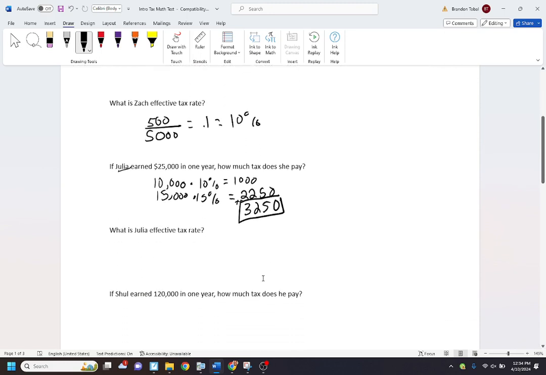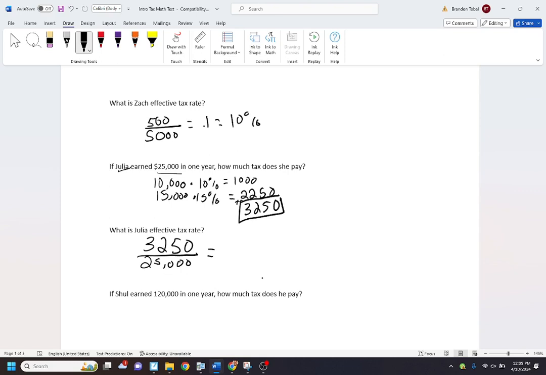The question is, what is Julia's effective tax rate? Julia's effective tax rate is going to be the money she paid in taxes, 3,250, divided by how much money she totally made, which is 25,000. So 3,250 divided by 25,000.